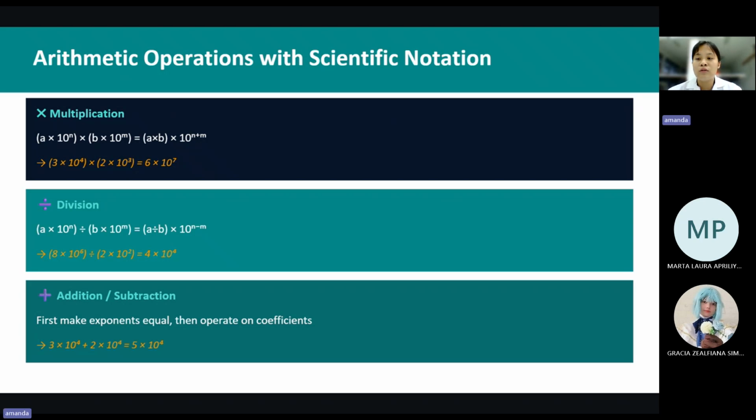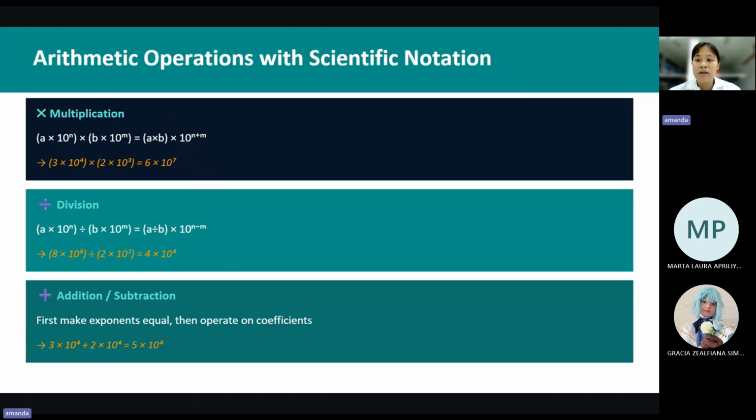The rule for multiplication is multiply the coefficients and then add the exponents. In symbols, a times 10 to the power of n times b times 10 to the power of m equals a times b times 10 to the power of n plus m.